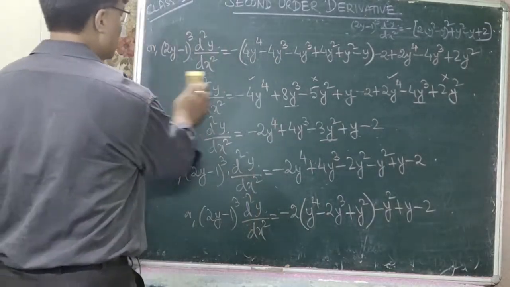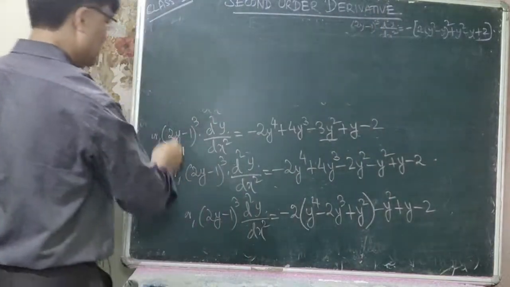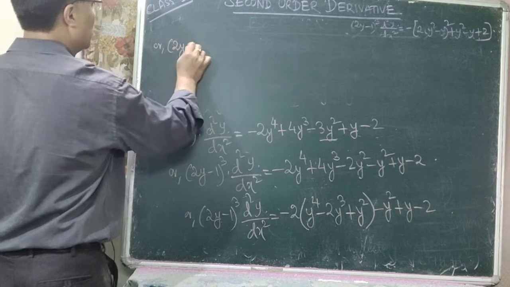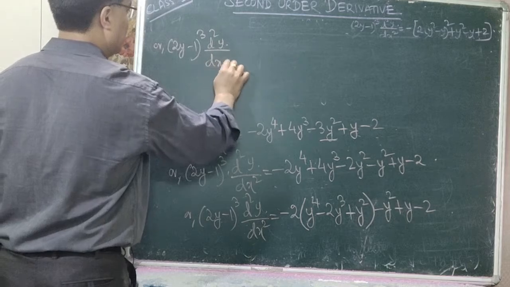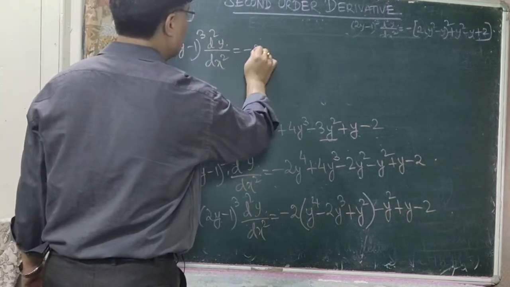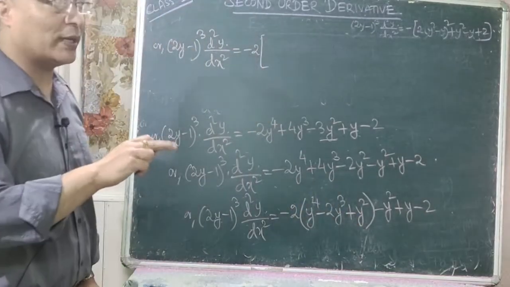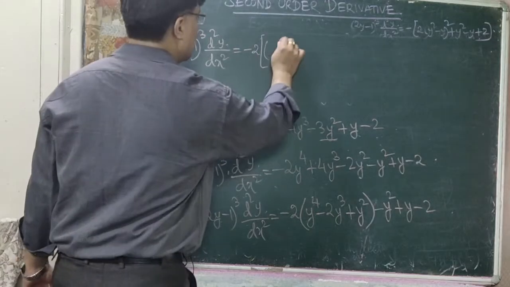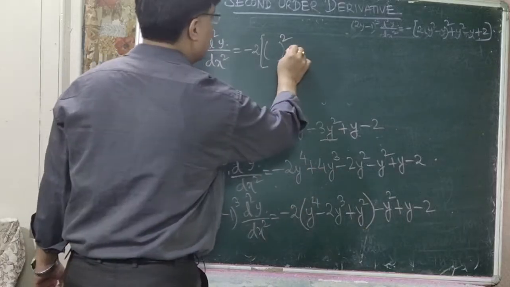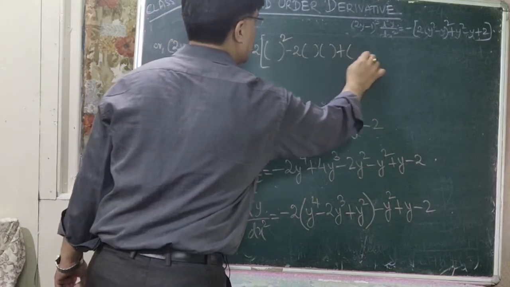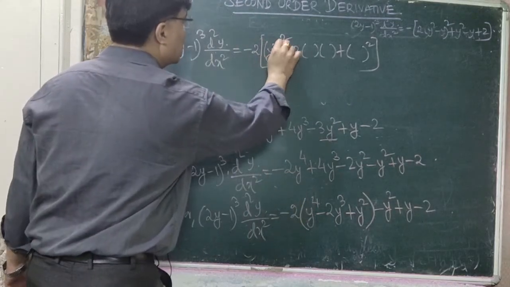So now let's do the further simplification. So we have to prove this result, okay? So this is your (2y minus 1) whole cube d2y by dx square is equal to minus 2, now within the first bracket here, convert it into the form of a square minus 2ab plus b whole square. Since y to the power 4 is there, you have to write here y square.